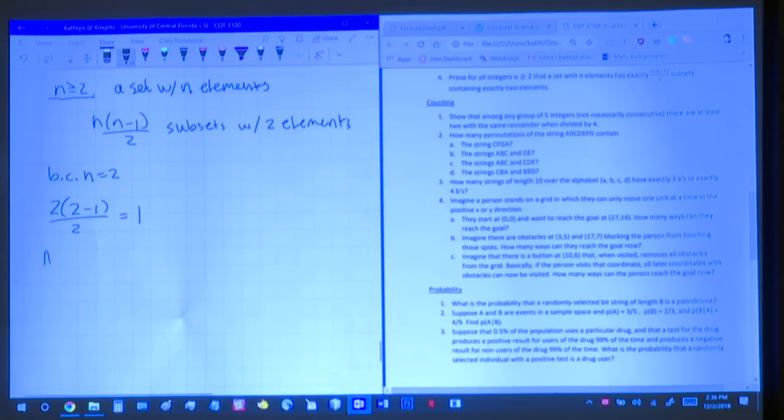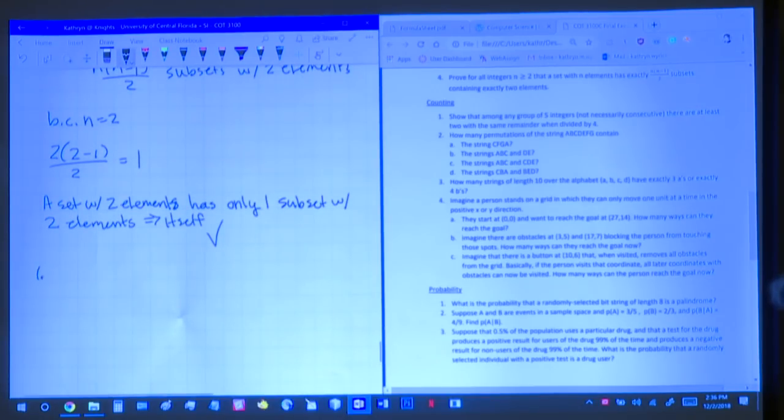So we'd write that down here. A set with 2 elements has only one subset with 2 elements. And that would be itself. So that proves our base case kind of.